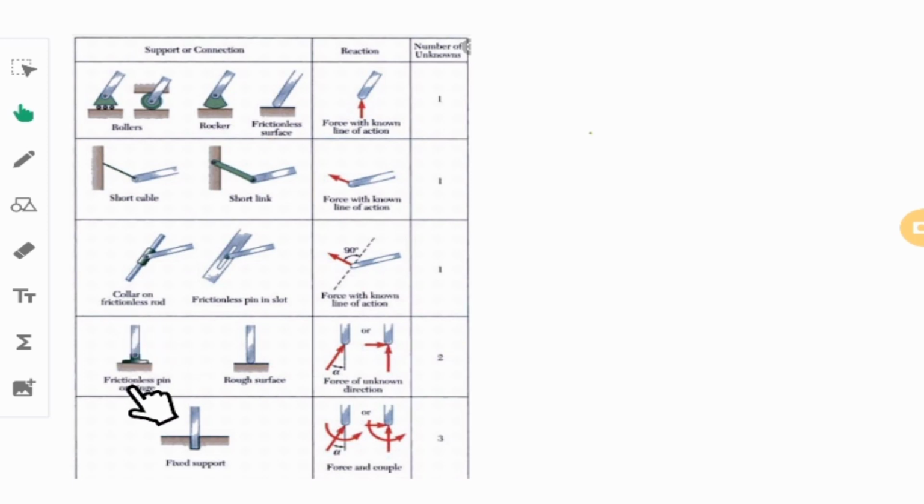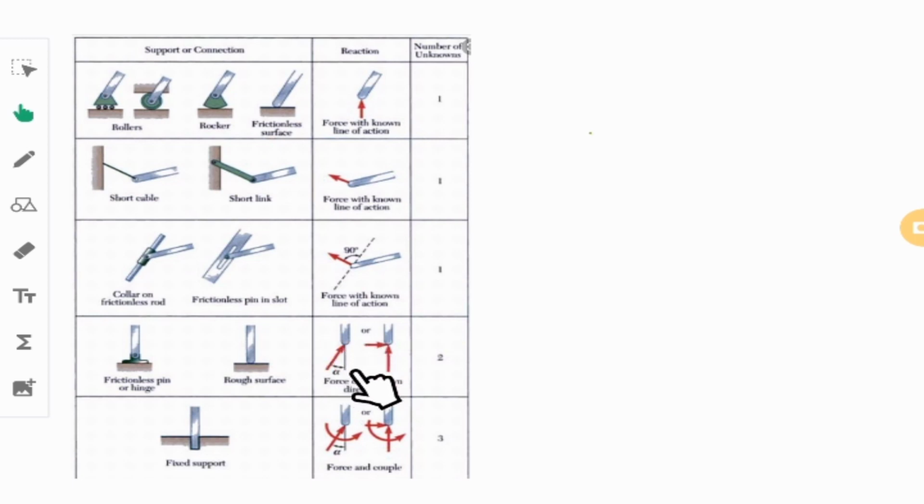For the cases that you have a hinge, you would have two unknowns. That means if you start to move this guy to the left or right or up or downward, it is impossible to move it, but it is possible to do the rotation.